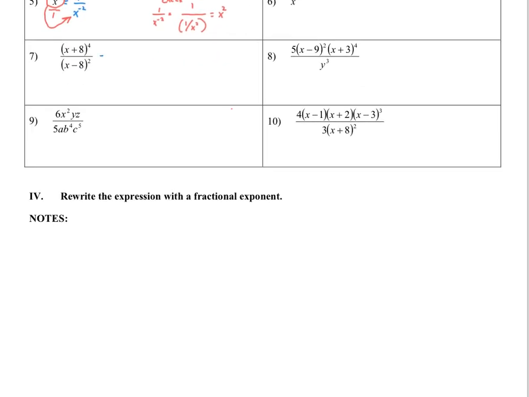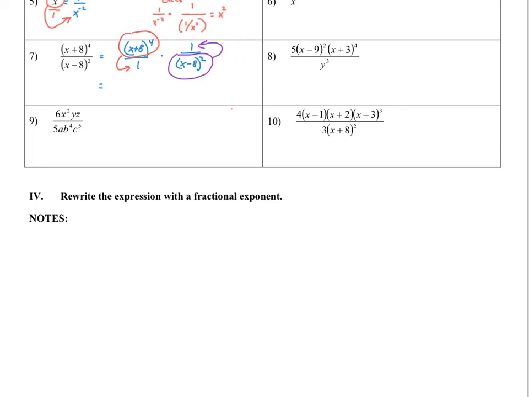First, it might be helpful to break our fraction apart. We have x plus 8 to the 4th over 1 times 1 divided by x minus 8 squared. X plus 8 to the 4th: take that, move it into the denominator, and make the exponent negative. X minus 8 squared: take that, move it into the numerator, and make the exponent negative.